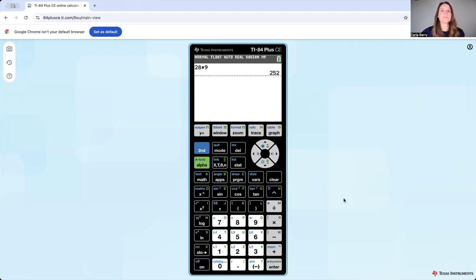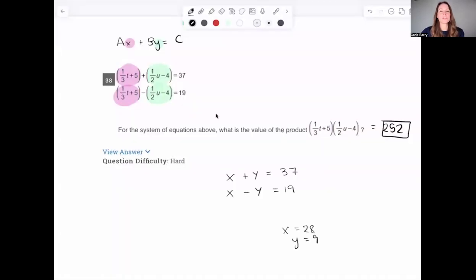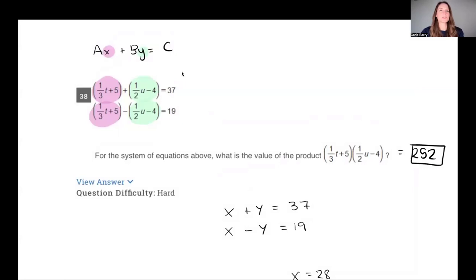It's just 252. And the important step we took when we solved this question is we paused and we thought of, what concept does this question relate to? And we saw that this is just a system of equations in standard form, ax plus by equals c.